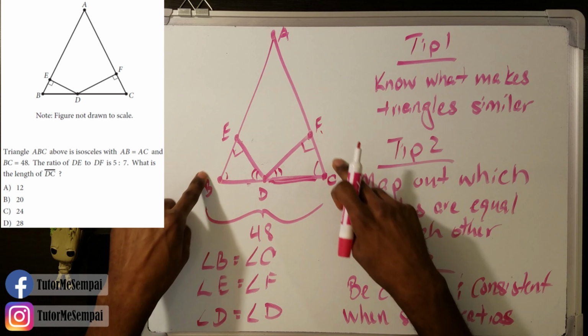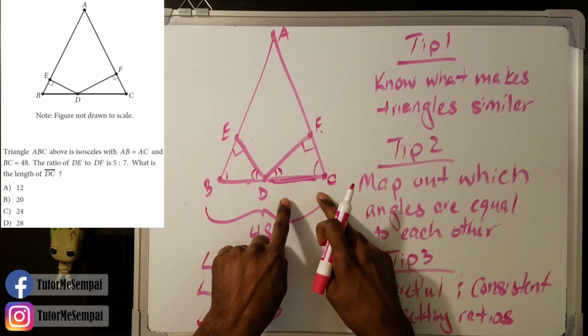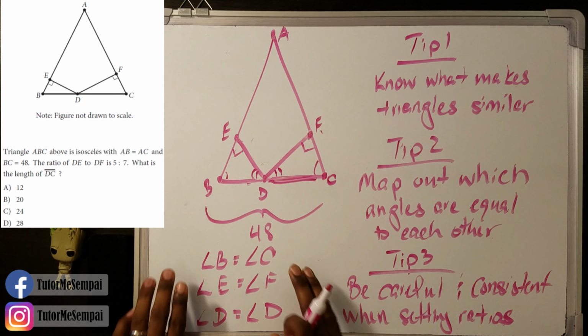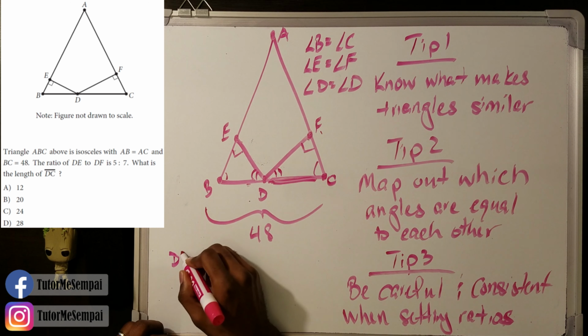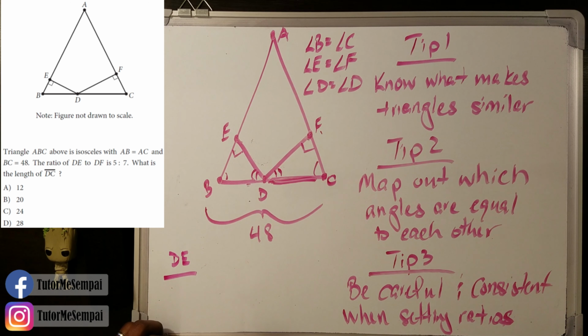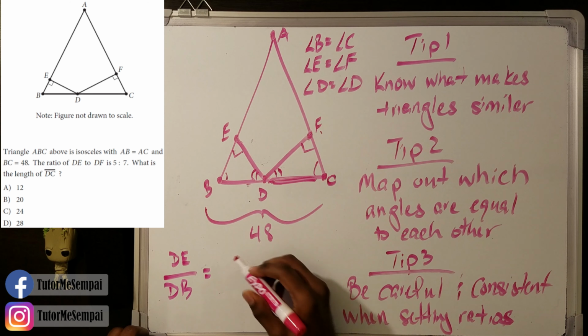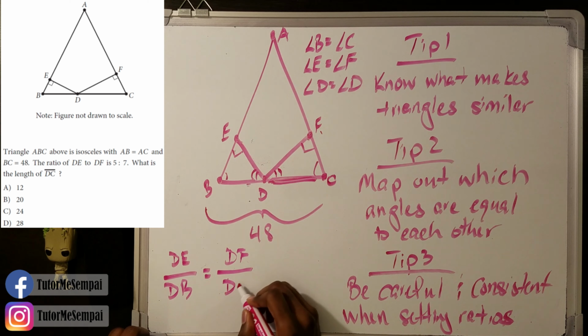We don't need to worry about this outside side because we need to focus on ultimately how to get DC. I'm going to move our angles up top so we can write some more stuff down here. What that looks like is DE over DB equals DF over DC.